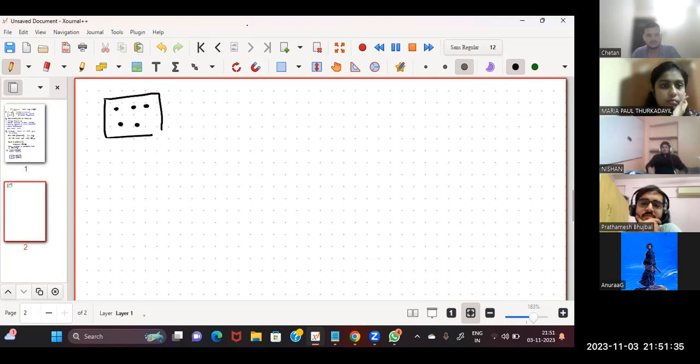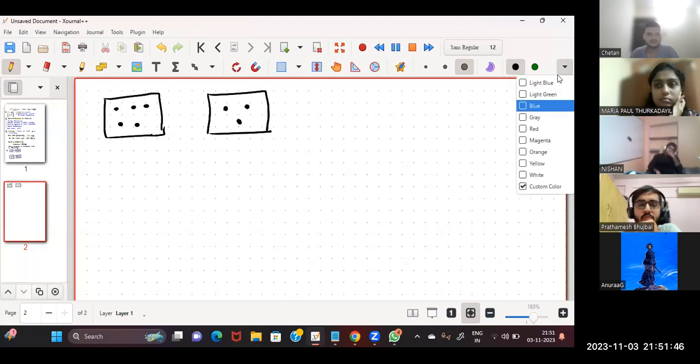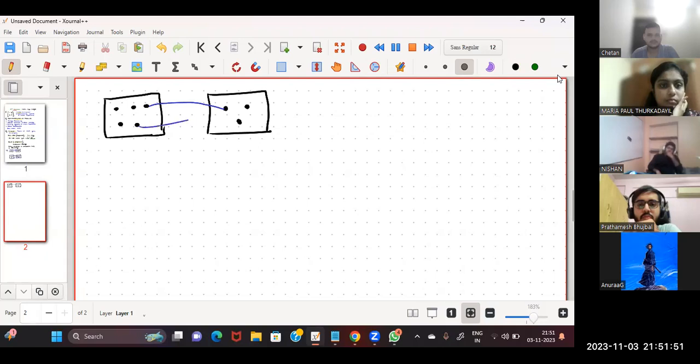Map two of the balls from the first box to one single ball in the second box. Do the other two as well: map two other balls to one single ball, and map the one remaining ball to one single ball.